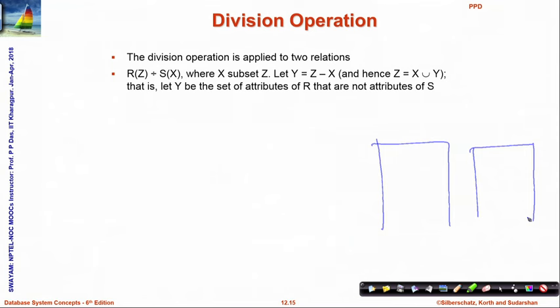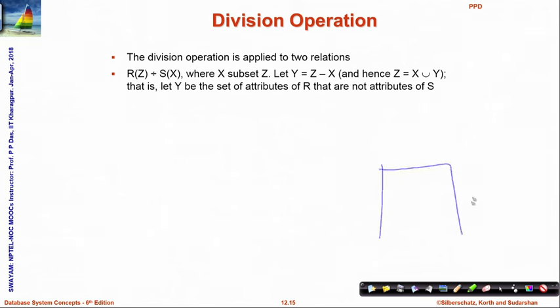If I have two relations, R, which has a set of attributes z, and S, which has a set of attributes x, such that the set z is a superset of x, so R has more attributes. If you take the difference of attributes between z and x and call it y, then we are interested in what happens on these remaining set of attributes y.